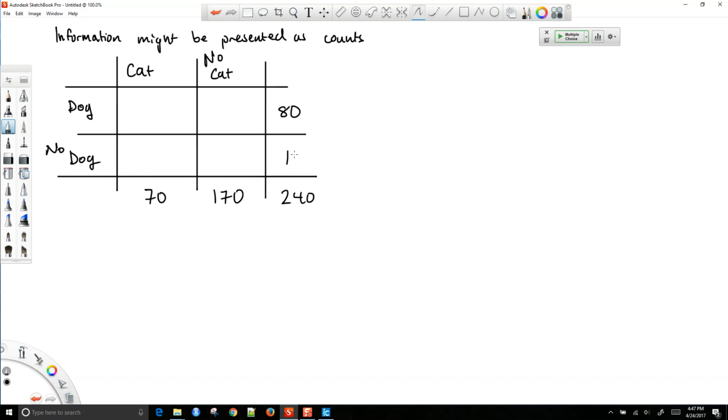So that means 160, and then 80 and 70. I'm just going to put in 45. So this means 35, 45, and 25, and this is 135. There we go. Okay, good job, me.